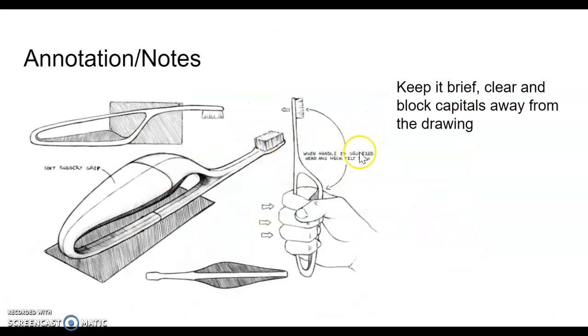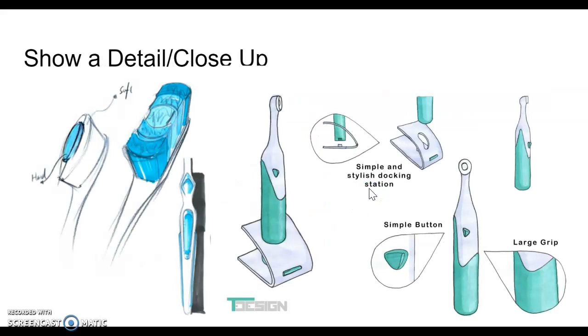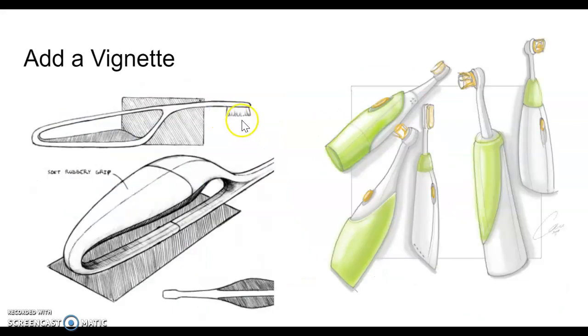Notes and annotations. Your notes should be kept brief. They're only supporting your drawing, and they're kept well away from the drawing, and in block capitals. Showing a detail and a close-up can look quite well also. Sometimes drawing in details looks very well, and it shows that you understand your design in a lot of detail.